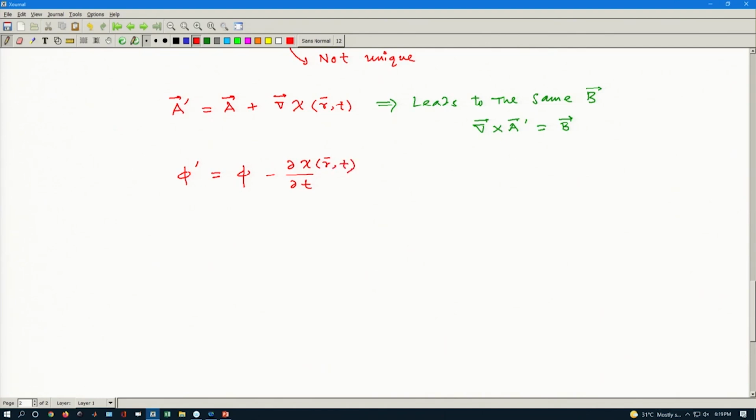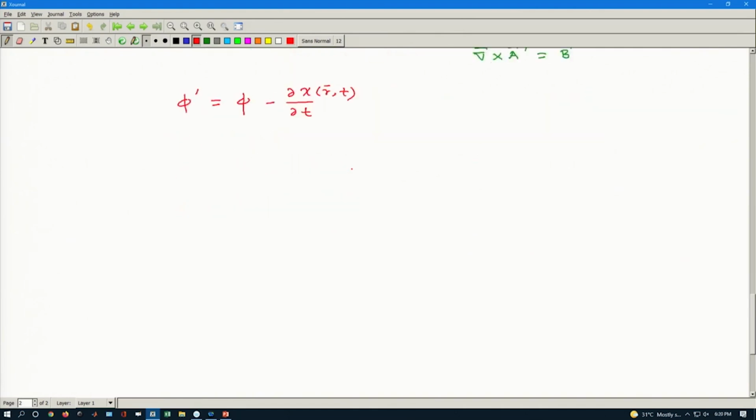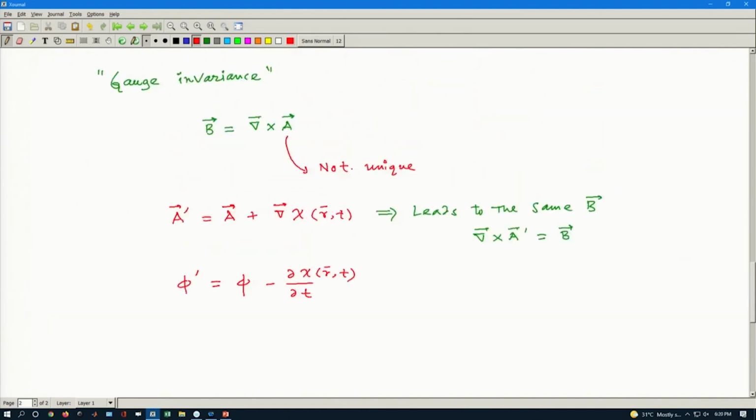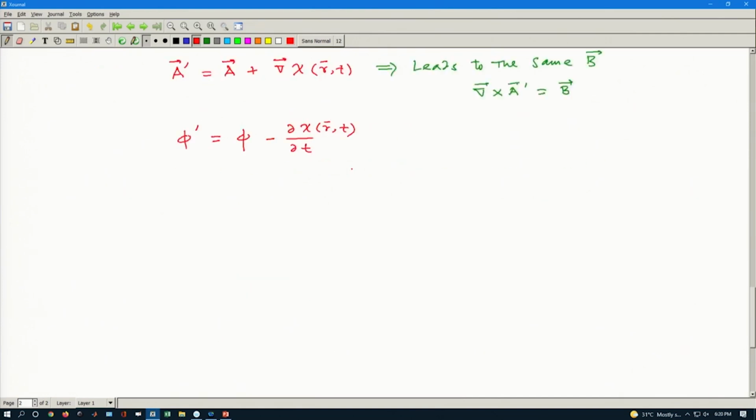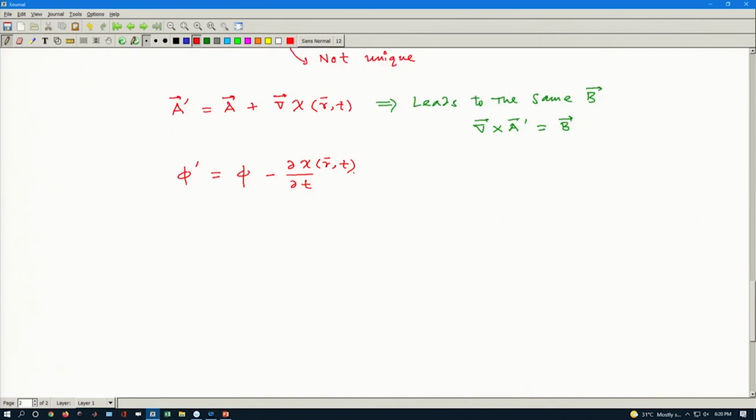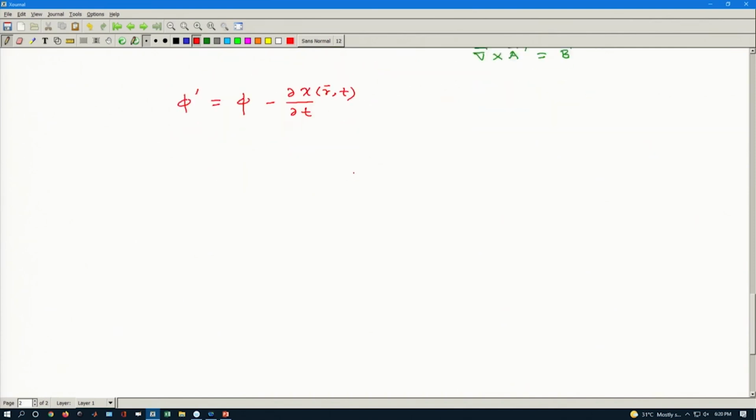then A and the set A prime and phi prime will going to produce the same B and same E. Let us check that first, whether they are producing the same B or same B we know that, but same E, whether they will going to produce or not, let us check.